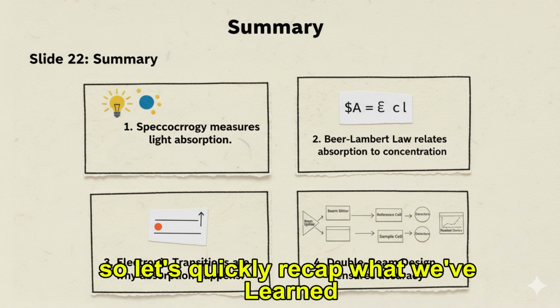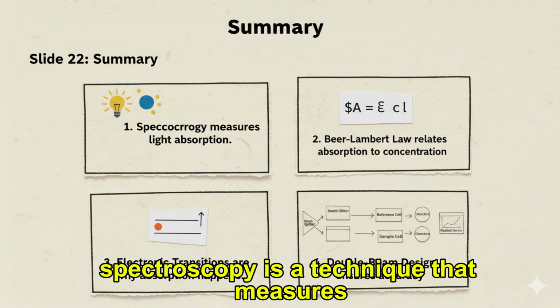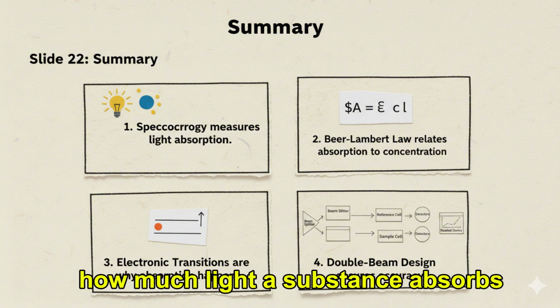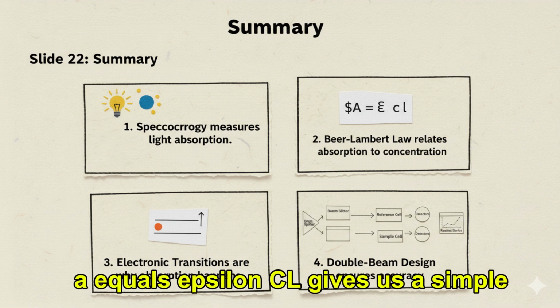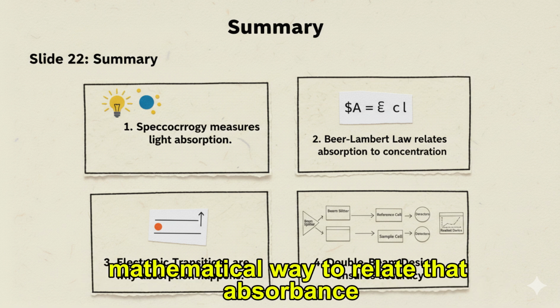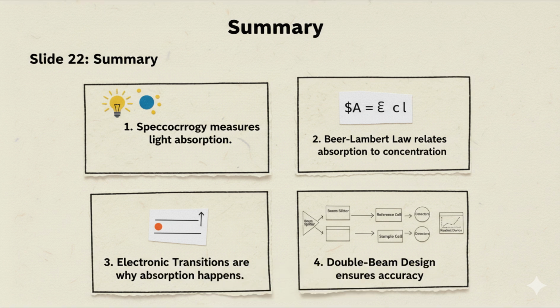So let's quickly recap what we've learned. 1. UV spectroscopy is a technique that measures how much light a substance absorbs. 2. The Beer-Lambert Law, A equals epsilon C L, gives us a simple mathematical way to relate that absorbance directly to the substance's concentration. 3.